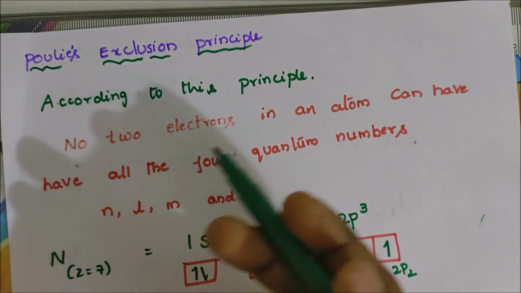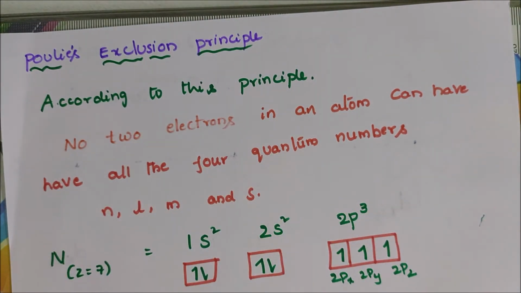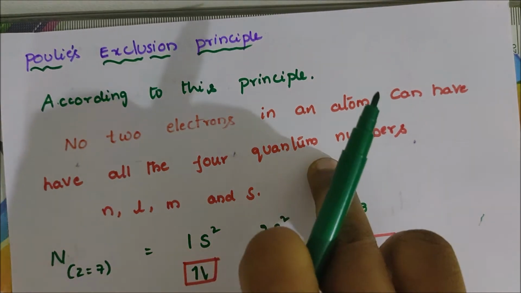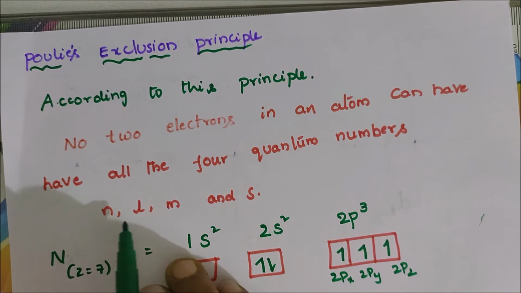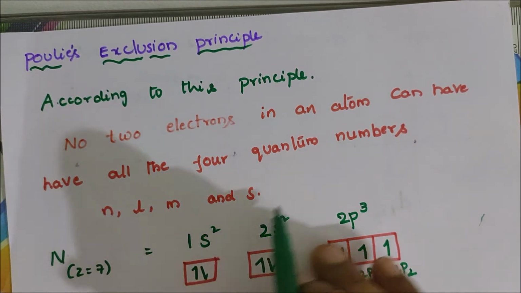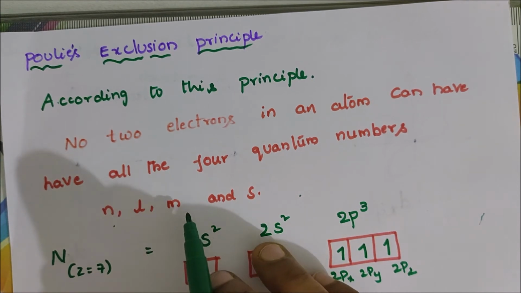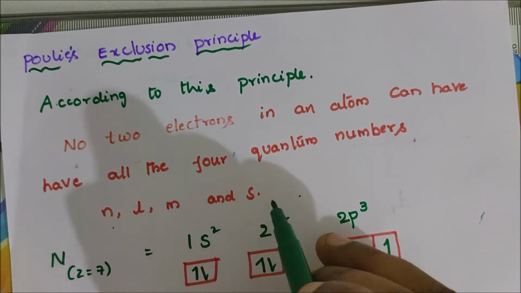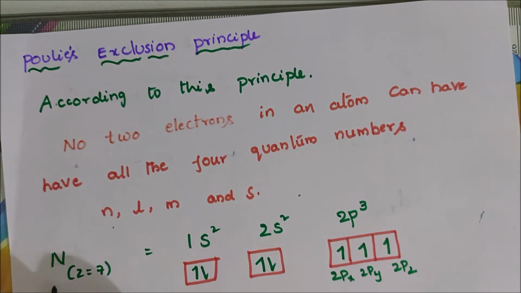So any 2 electrons do not have all 4 quantum numbers equal. This is Pauli's exclusion principle. N, L, M, S are the 4 quantum numbers. N is the principal quantum number, L is the azimuthal quantum number, M is the magnetic quantum number, and S is the spin quantum number.